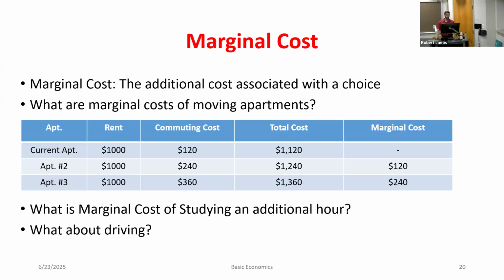Well, I can think about the additional cost of every mile I drive as being some function of whatever the current price of gas is. So to use one more gallon of gas, my marginal cost would be the price of a gallon of gas. What if I buy one more textbook? The marginal cost is whatever the price of the textbook is. So a lot of the time, especially in some of these early examples, our marginal cost will simply end up being the price of a good.